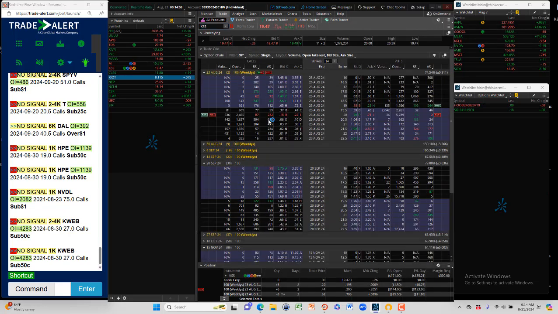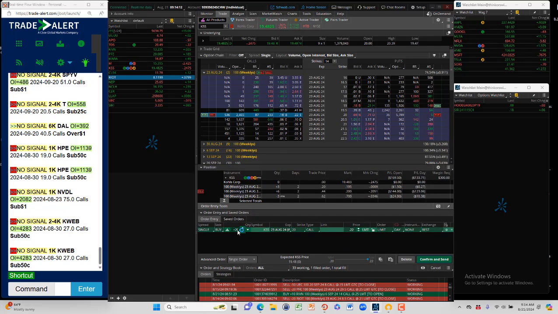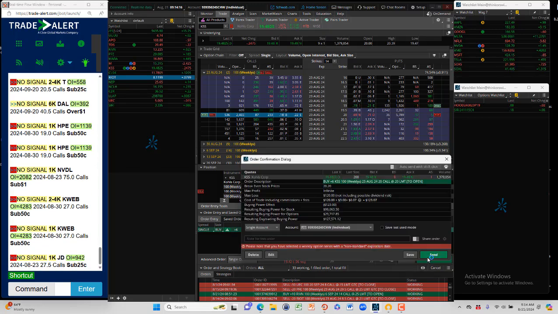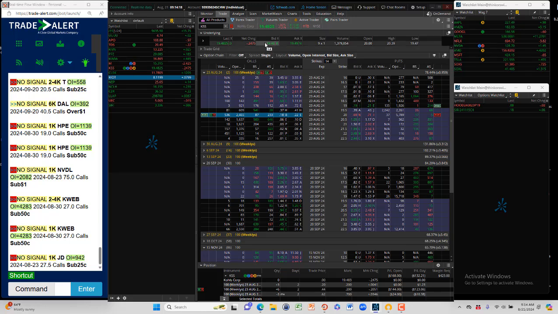The KSS 20s. Ooh, they're down to 20 cents. I'm gonna take 6 more of these just for fun. Trying to buy KSS this week 20 calls for 20 cents.